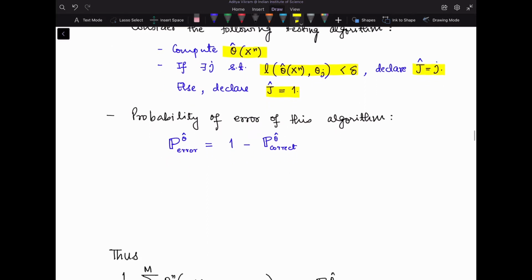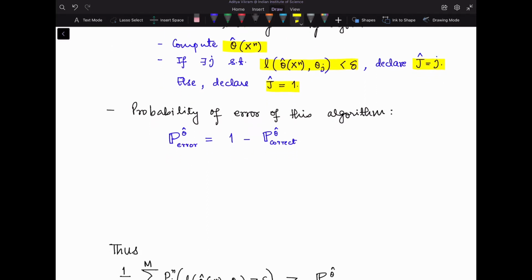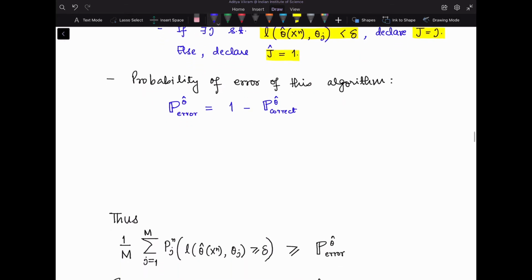Okay. So now let's compute the probability of error of this algorithm based on theta hat. This is 1 minus the probability of being correct. Now, what is the probability of being correct?